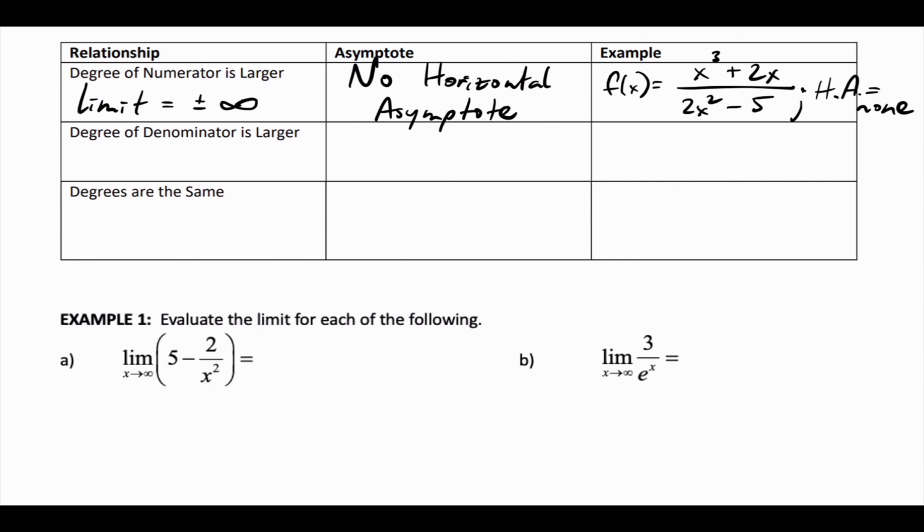Okay. Let's look at the second one. The degree in the denominator is larger, bottom heavy, right? What's the limit going to be here? The limit will always be 0, right?